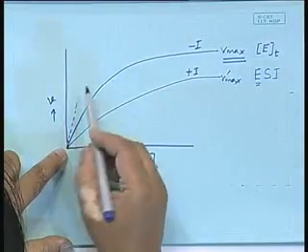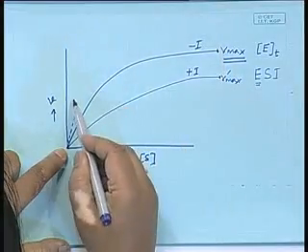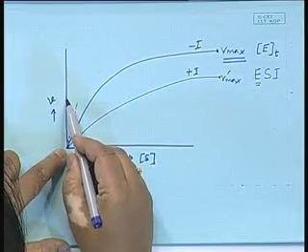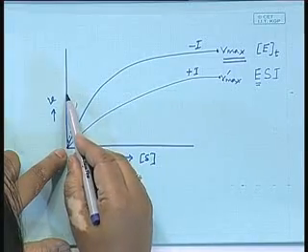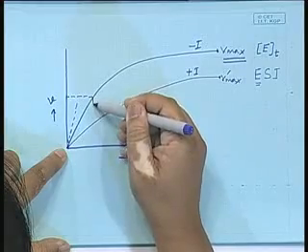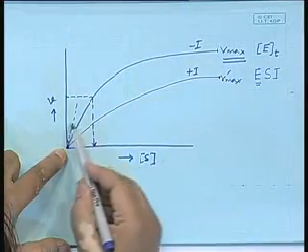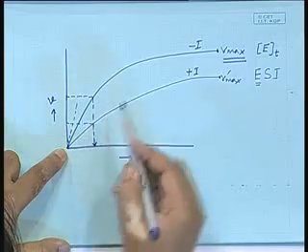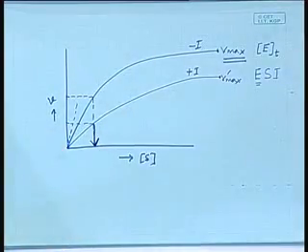So this is the Vmax reached with the inhibitor. So now what happens? This Vmax and this Vmax, half of this Vmax is going to be where? Somewhere here. Half of this Vmax is going to be somewhere here. Right?